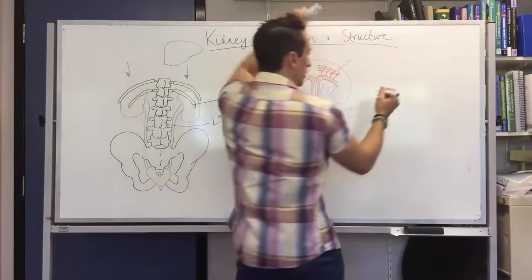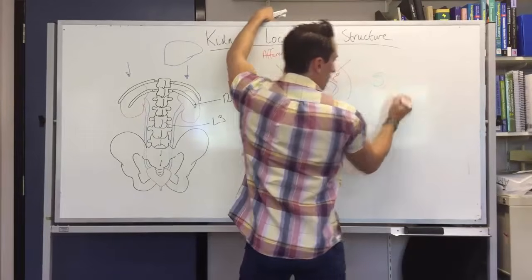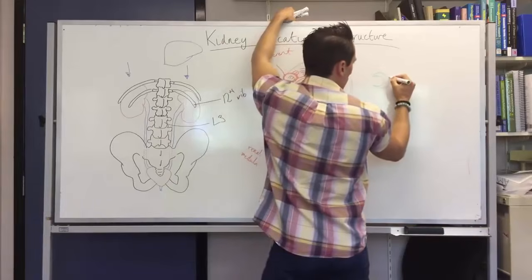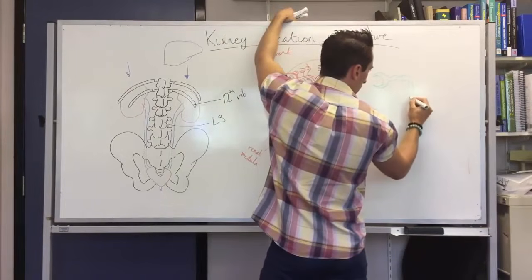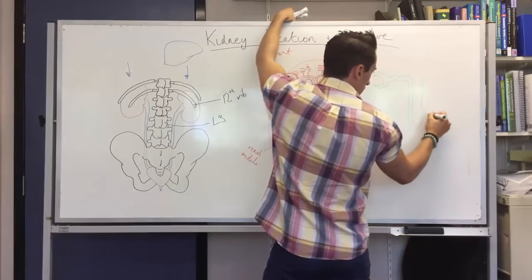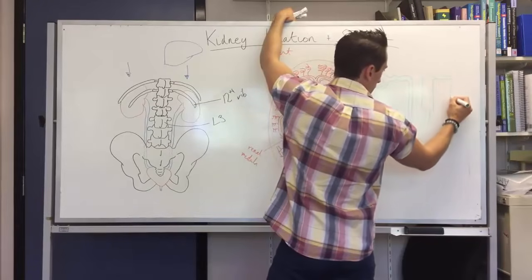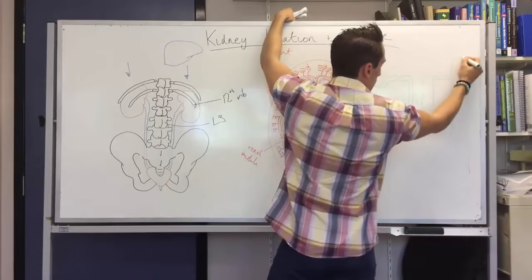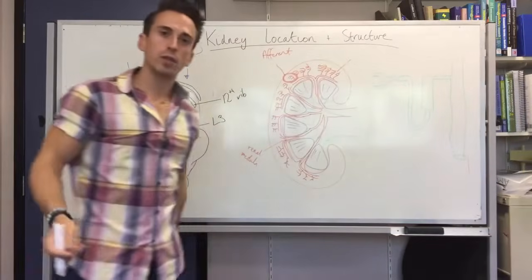A nephron looks like this. It has a little Pac-Man head to it, and then starts to look a little bit like a snake. That's what a nephron looks like.